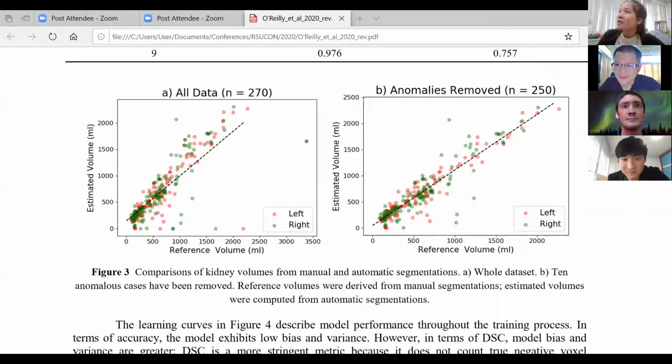From Dr. Sunny, she asked how many sample images you need to train this system to make it more accurate. Okay, so in this study, we had 135 total scans and 108 were used for training. Recently, I got some more data, as I mentioned.